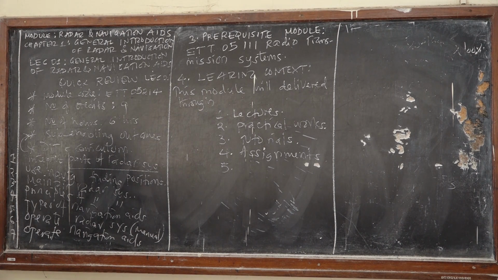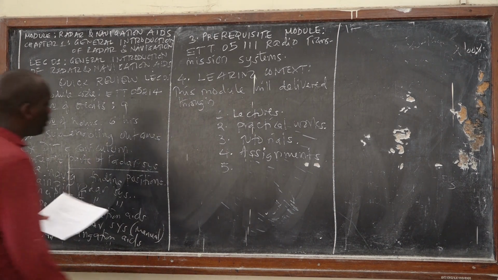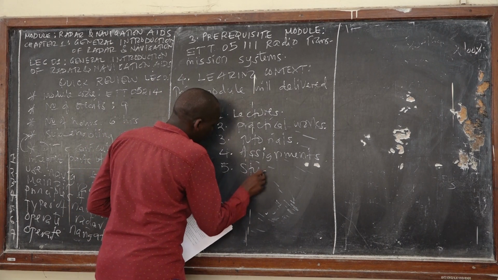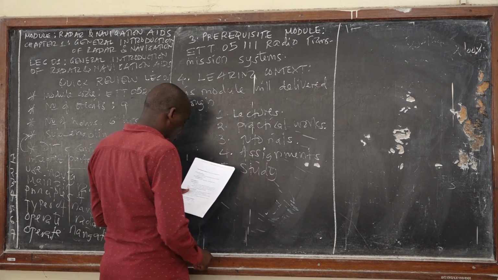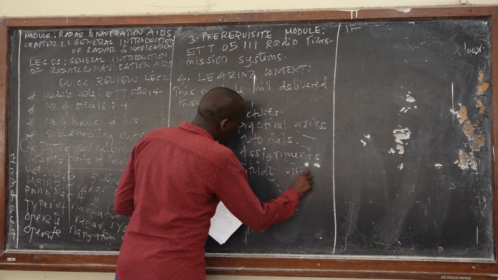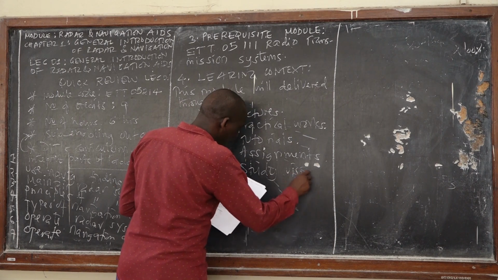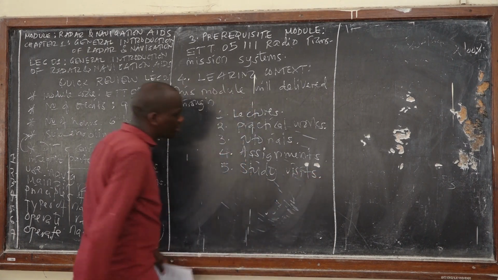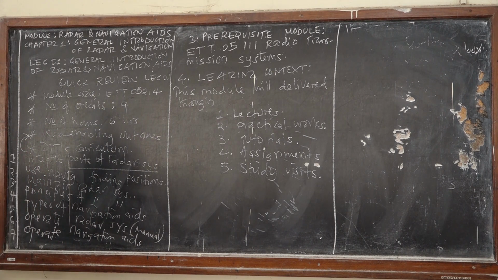The fifth way that we can deliver the content for this module is by using study visits. You can visit either an airport or a port. Port in Swahili, because we have some Swahili speakers, means bandari.